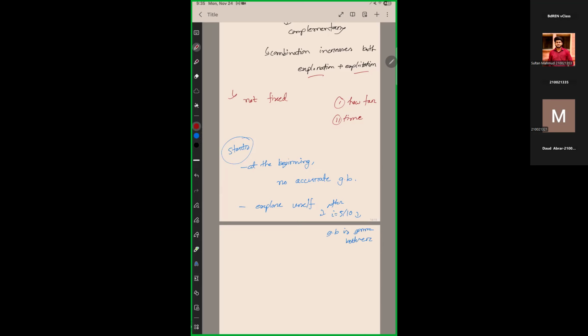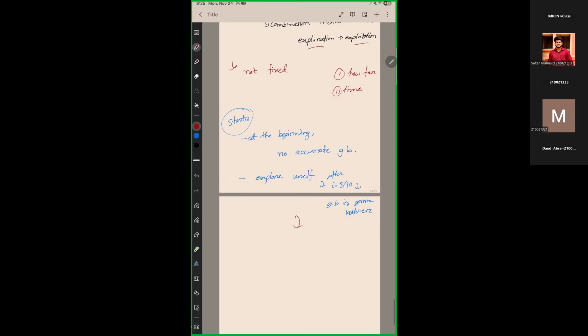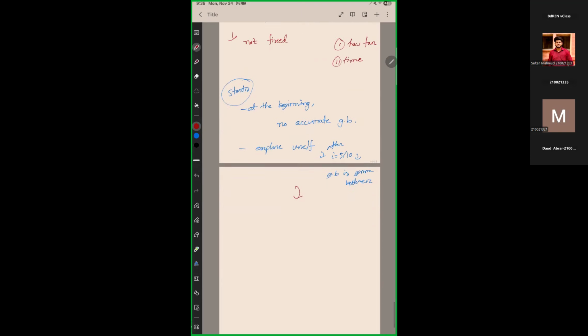Yes, sir. So how do we do that in the algorithm? Compare after every step. Yes, compare after 10 steps, like after 10 steps I compare all the local bests. So you see, you start with a high C1 value and a weak C2 value. When you start your algorithm, the C1 value should be higher and the C2 value should be lower.